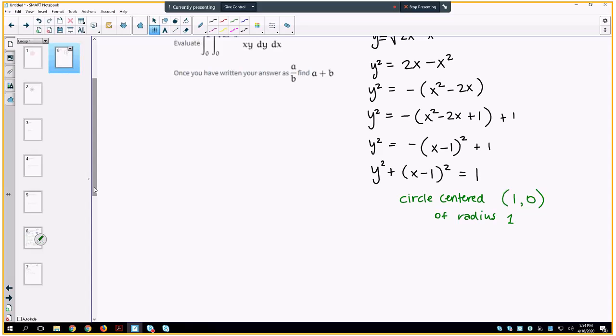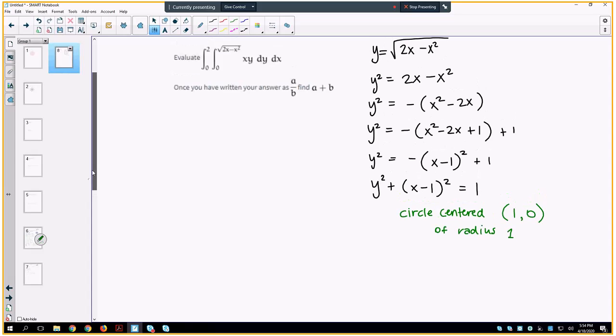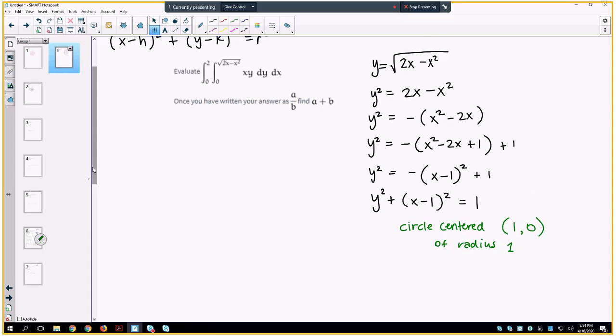Okay, so I found out what y is running between. So let's try to draw a picture. A circle centered at (1, 0) of radius 1, something like that.